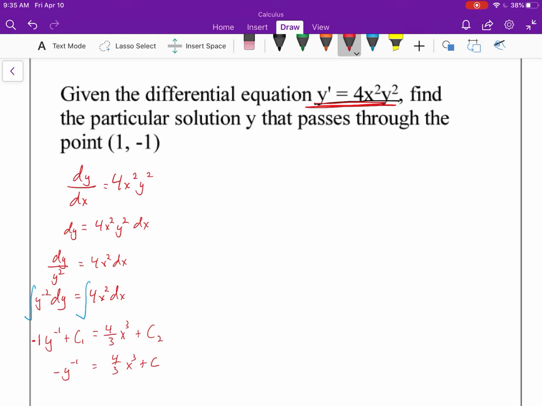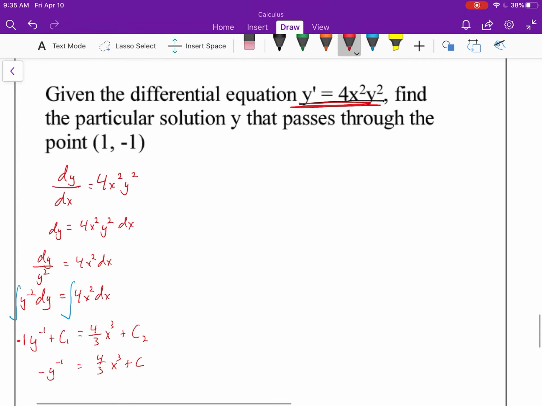Now we want to solve for y here. Let's first think of this as negative 1 over y equals 4/3 x cubed plus c.